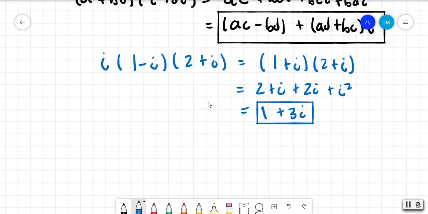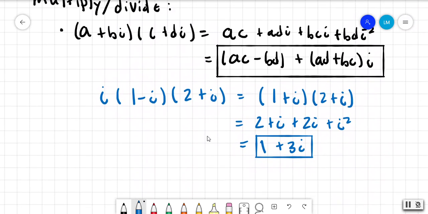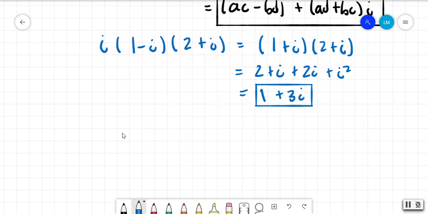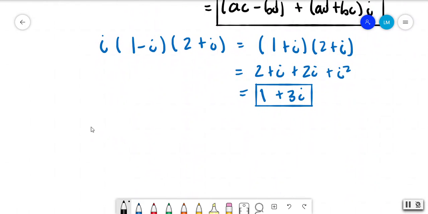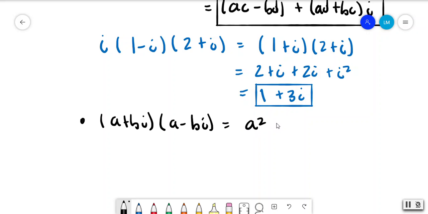The other thing you can talk about when it comes to multiplication is that, by definition, if I look at a complex number like a plus bi, and I multiply this by a minus bi, you're going to get a squared minus abi plus abi, minus b squared times i squared.